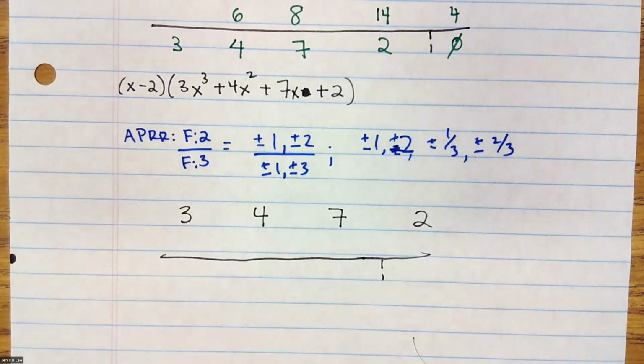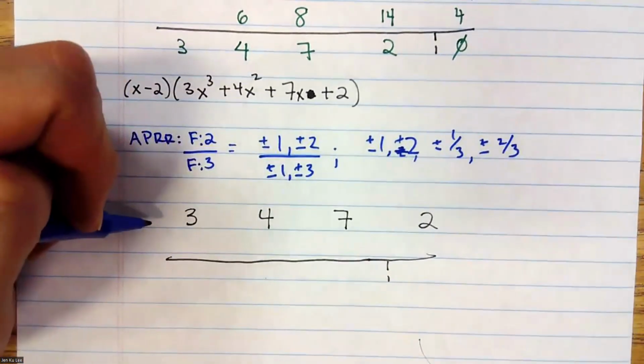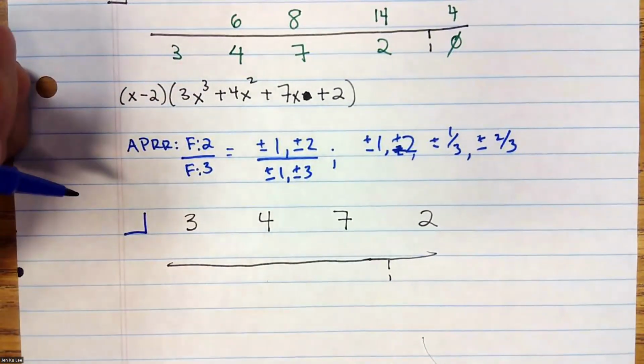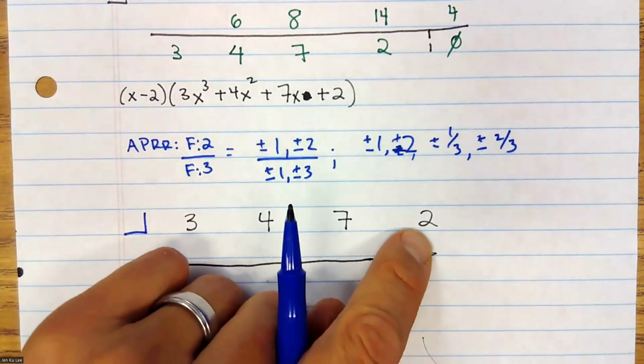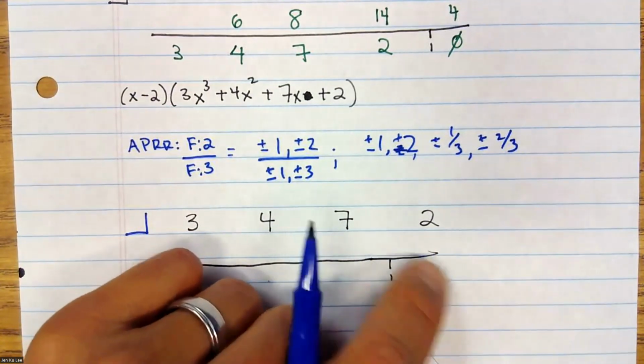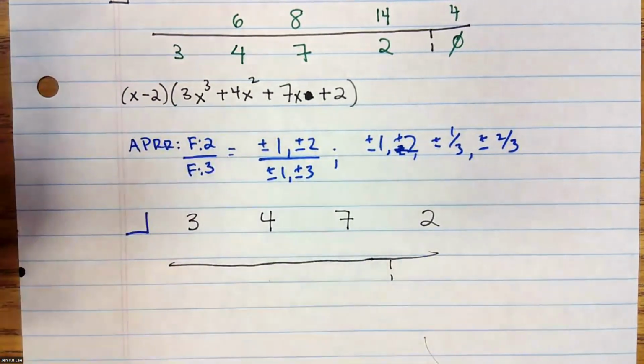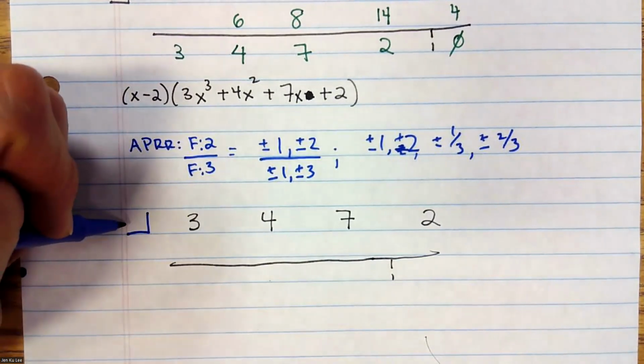What do I need? A negative, right? So I'm going to bypass all the positives. I would need a negative somewhere just so that I can subtract numbers. And if it's a positive 2, I need to subtract by 2, right? So I need a negative somewhere. So I'm going to try a -1.